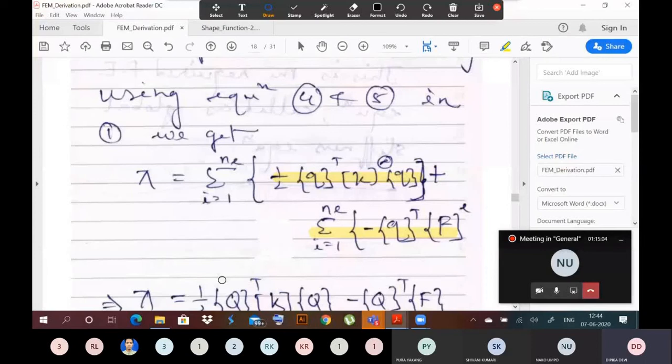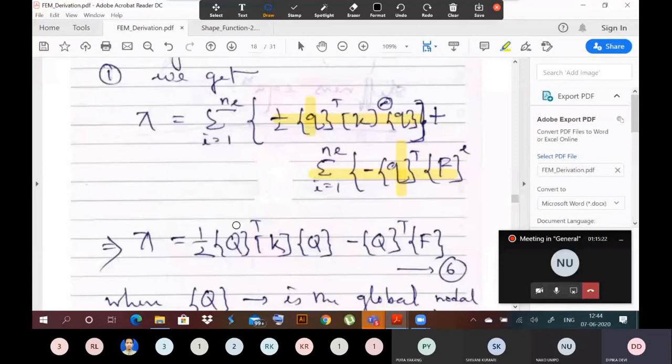that will give you my global displacement vector. Understood? So the summation of Q transpose, or Q of the elements, will give you the displacement vector of the whole system, which will be your global displacement vector. And then the summation of Q transpose here also will give you the nodal displacement vector from the second term. And the summation of the nodal force vectors will be the global force vector. So this can be written like this. We can remove this summation term.